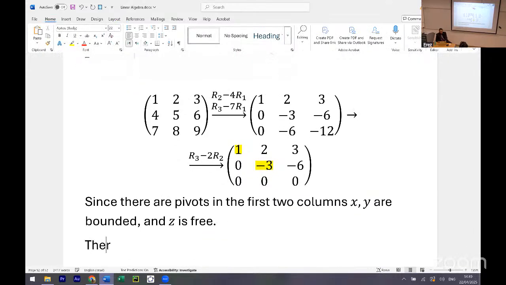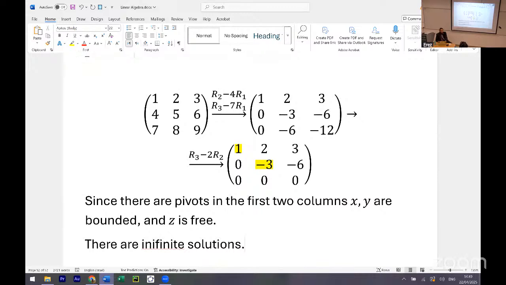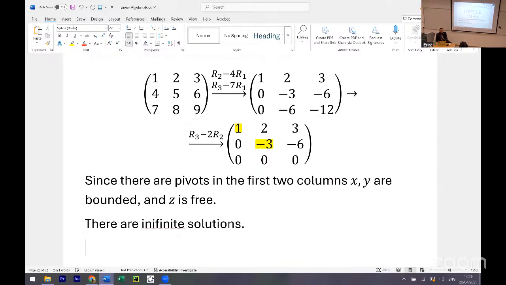So there are infinite solutions. Okay. If we wish to find a solution, we will go to the reduced form.